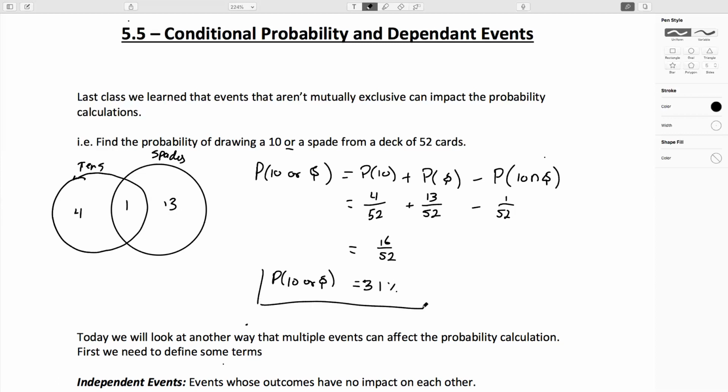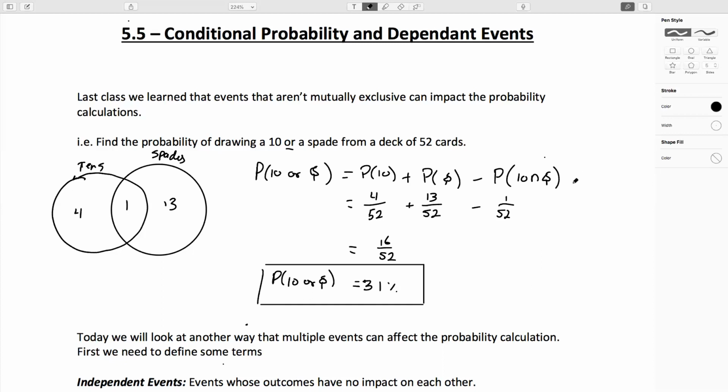Now, this is a non-mutually exclusive event situation because the 10 of spades could be double counted, and so it is possible for them both to happen. However, whether you pick a 10 or a spade doesn't really matter.